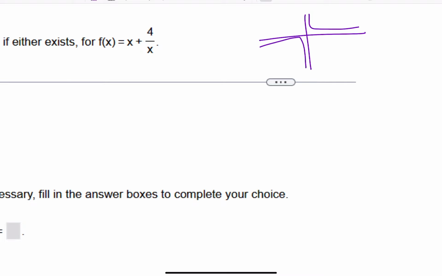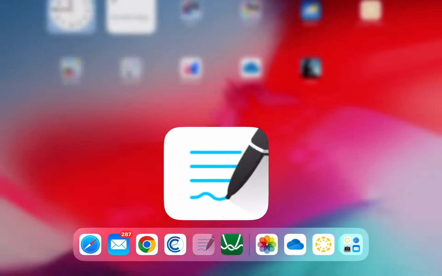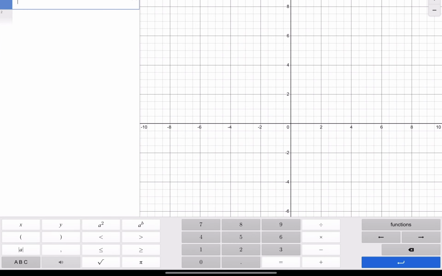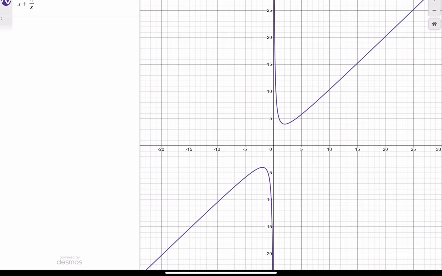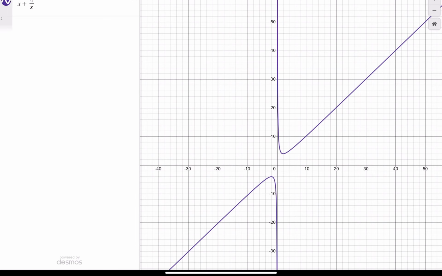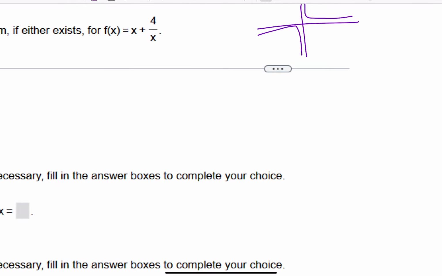I'm not perfectly graphing it, but let's graph this and see what we get. Yeah, there you go, that's a rational function. Again, there's no absolute maximum or minimum here because they did not give me any interval.